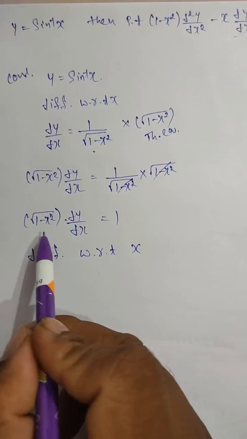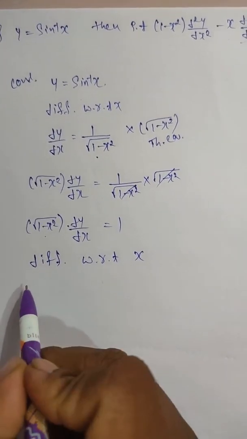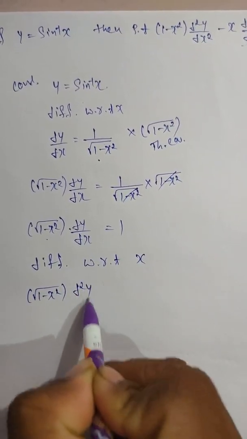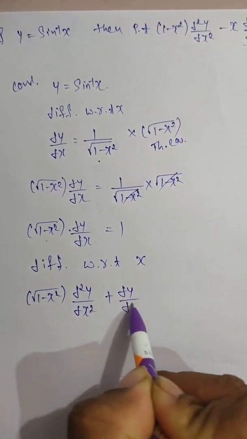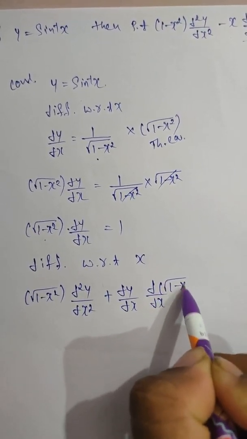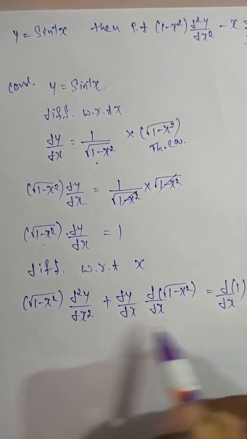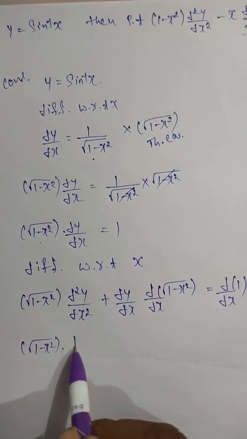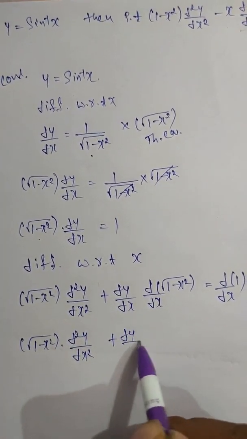Here you want to apply the product rule of differentiation. Keep the function as it is. The differentiation of dy by dx is d square y by dx square, plus keep the dy by dx as it is. The differentiation of root of 1 minus x square. So root of 1 minus x square into d square y by dx square plus dy by dx.